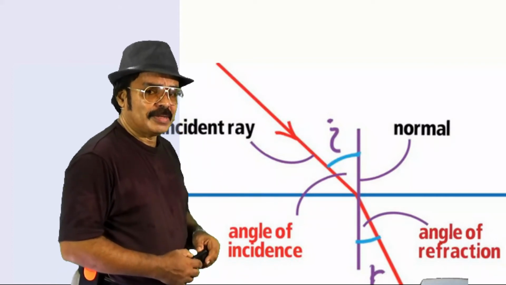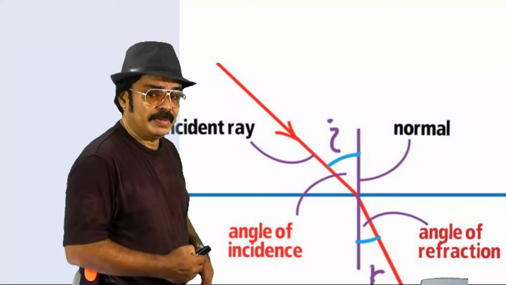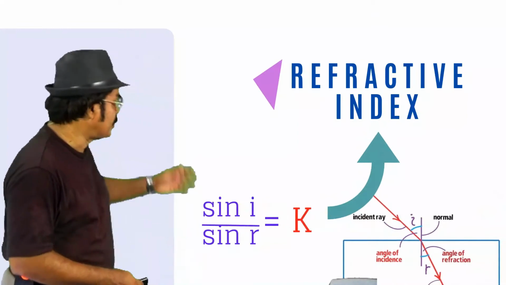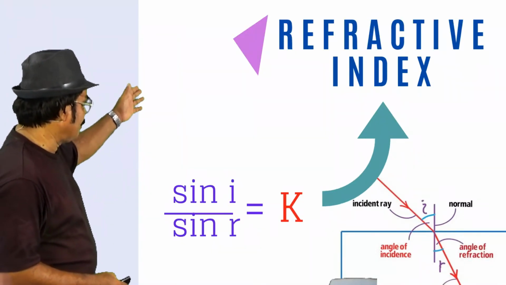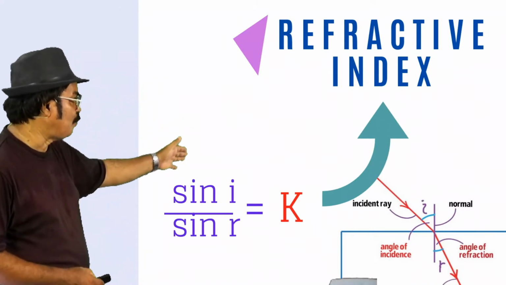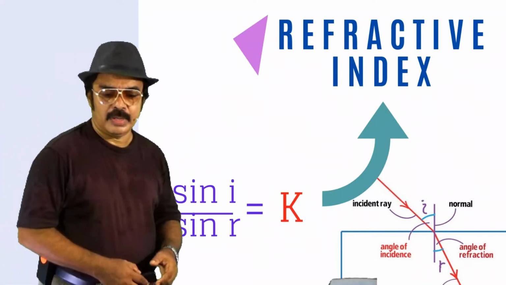These two angles have a relationship. Shall we see what is the relationship? You just take the sine values of these angles. Sine value of I divided by sine value of R is a constant.